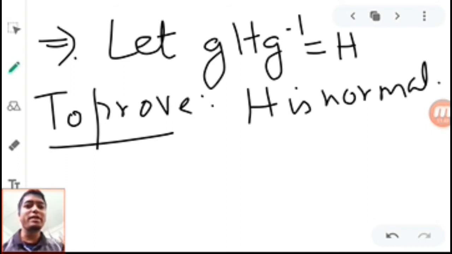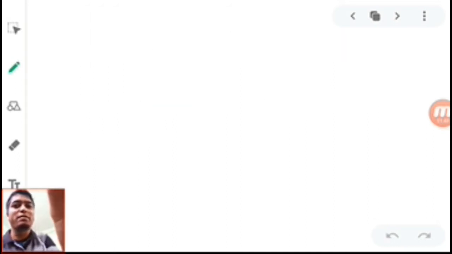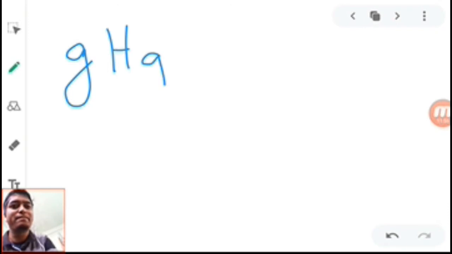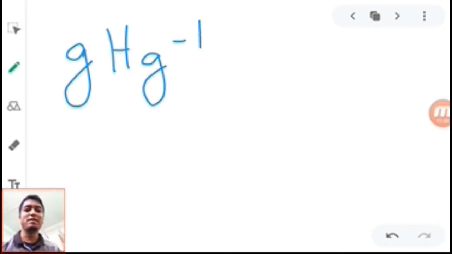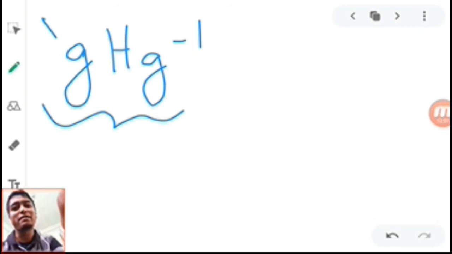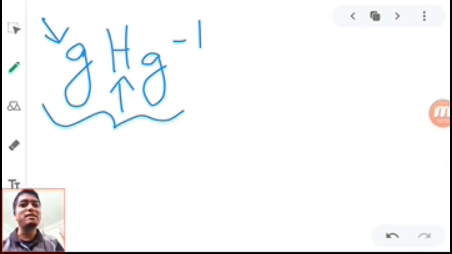But before going into the proof, because we are involving this g H g inverse, what is it? We haven't encountered something like this. We have encountered cosets, but not something where we are multiplying a subgroup by a g and g inverse from the left and from the right.